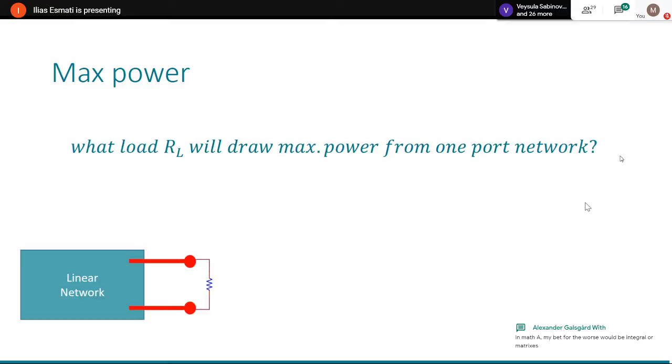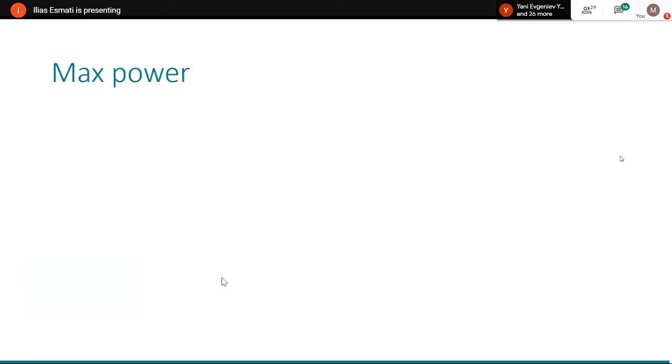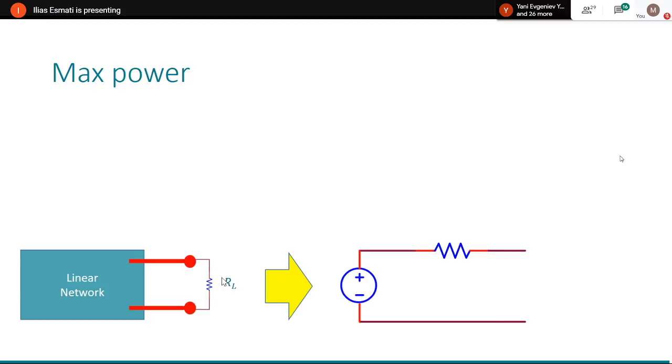Okay, so you have this linear network and you have a load resistor. How can I get the most out of this? How can I get the maximum power delivered to the load? That's the best thing. So what I can do, of course, is replace my linear network with a Thevenin voltage source and a Thevenin resistor, and I can now put the load resistor.